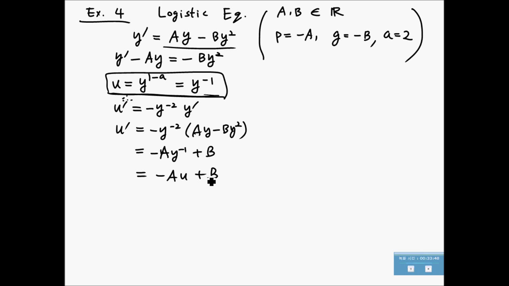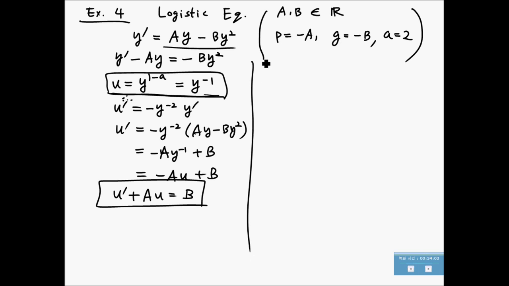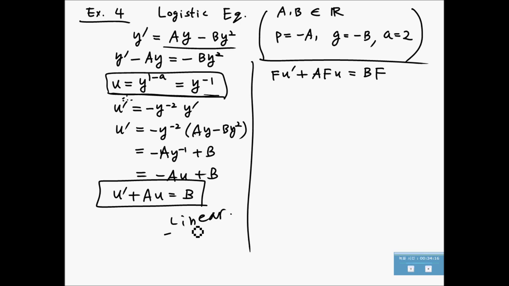Clear? And then you make it linear in u. And with the multiplication factor, f u prime plus af u is bf. Since it's linear, you're applying the linear technique.